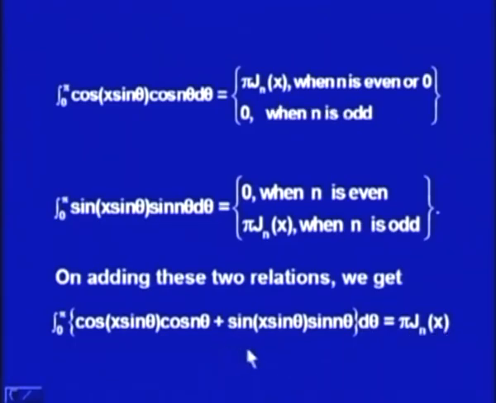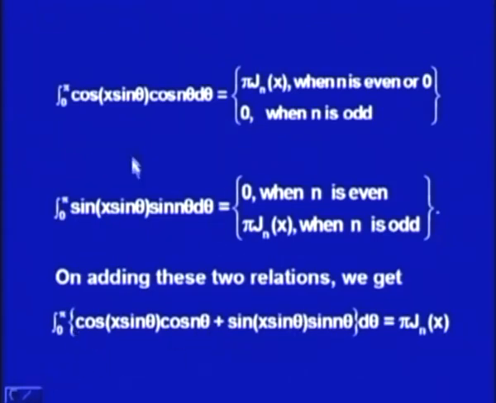When n is an even integer, then integral 0 to pi sin(x sin theta) sin n theta is 0, as we have seen, and integral 0 to pi cos(x sin theta) cos n theta d theta is pi into J n x. So, again we get the right side, and when n is an odd integer, then integral 0 to pi sin(x sin theta) sin n theta is pi into J n x, while the other integral, 0 to pi cos(x sin theta) cos n theta d theta, is 0.